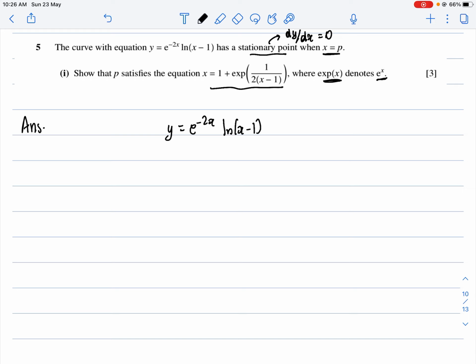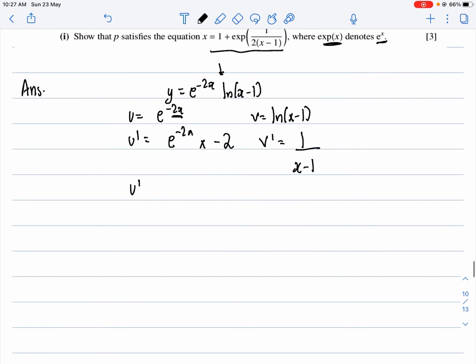So first I'll calculate my dy by dx, for which I'll use the product rule, because a variable is multiplied by another variable. Now I have v, which is ln x minus 1, with u dash, which is e raised to minus 2x as it is, multiplied by the differentiation of minus 2x, which is minus 2. And v dash is simply 1 over x minus 1.